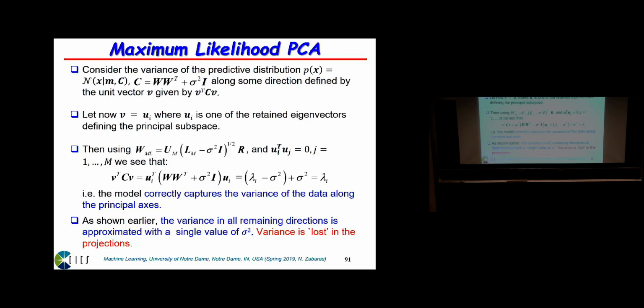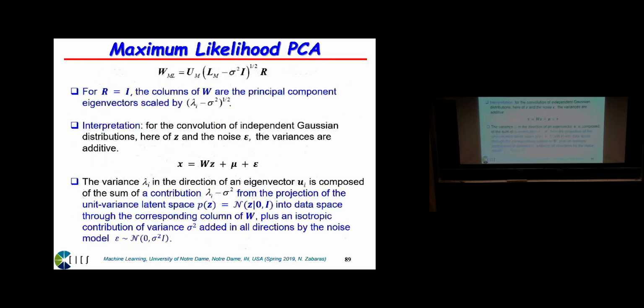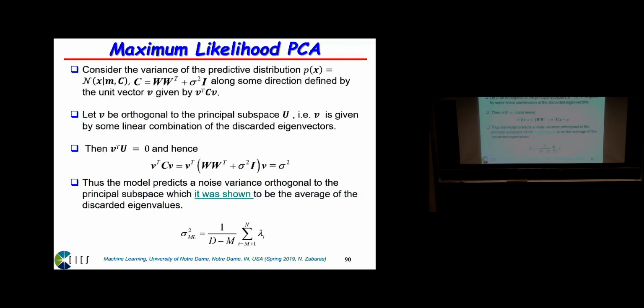That means you capture the variance precisely, correctly, in every direction in the principal subspace, from u_1 to u_M. So now you may appreciate this decomposition and the scaling that comes here, because it captures the variance that you represent in the principal directions and in the directions orthogonal to the principal axes.